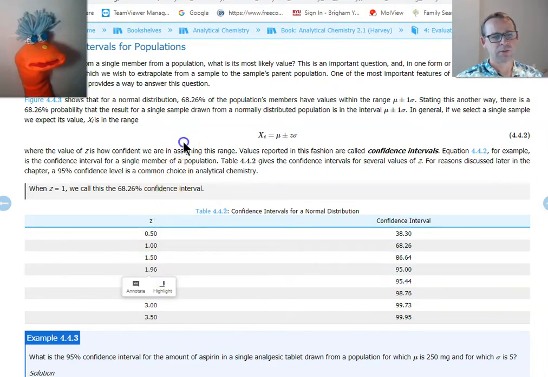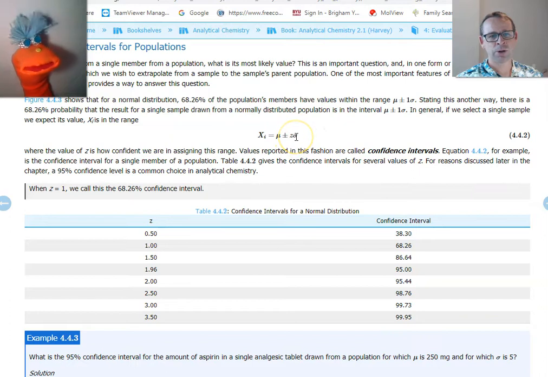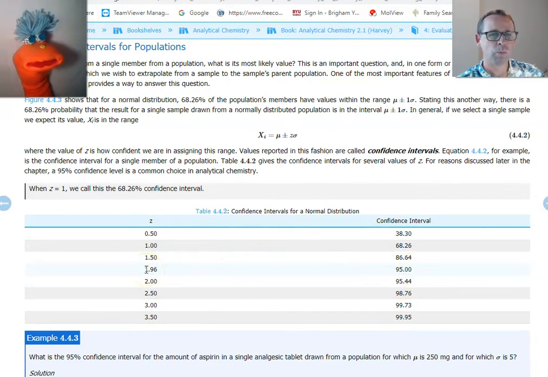Because if our z value was 2, that is 2 standard deviations, which is 95.44%. Taking your average plus or minus one standard deviation tells you it contains 68.26%, but plus or minus 2 standard deviations would put you at 95.44%. And if you want to be right at 95%, then it is 1.96 standard deviations.